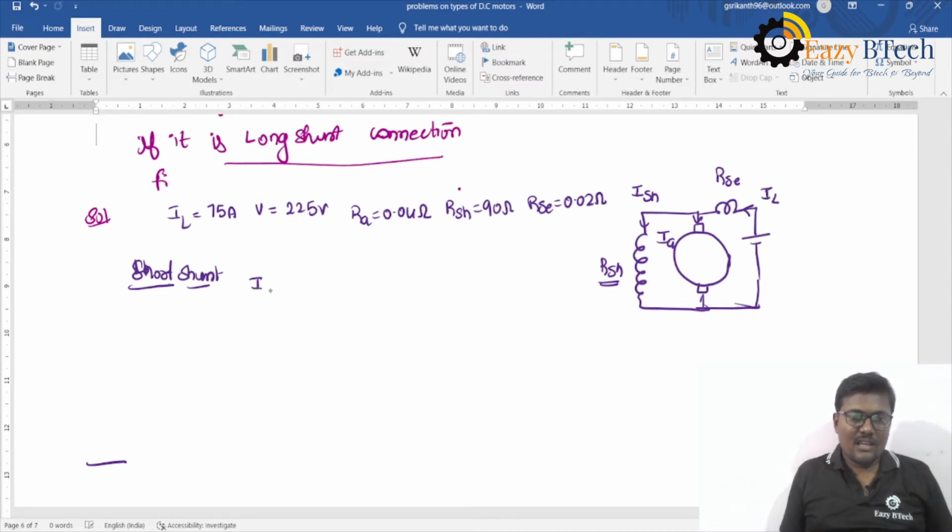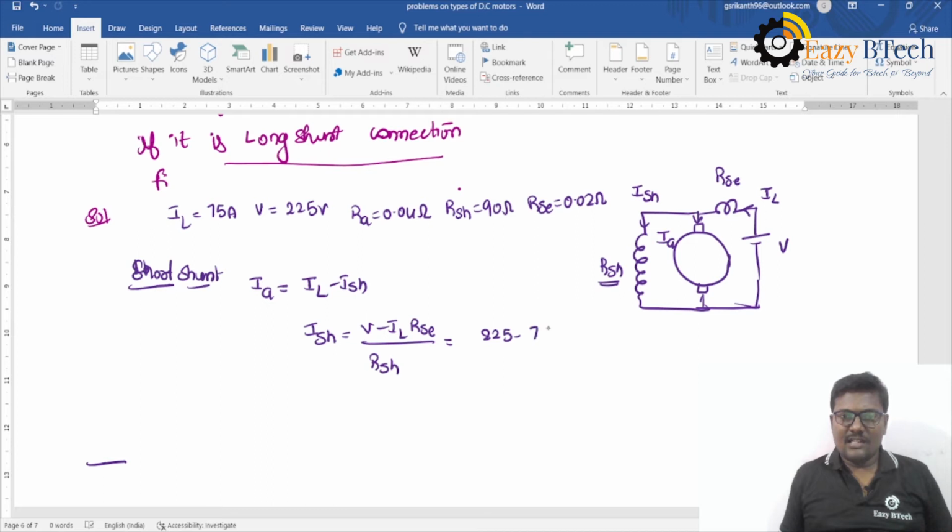So IA is equal to IL minus ISH, but ISH is equal to V minus IL into RSC divided by RSH. What is V? 225. The line current is given as 75.